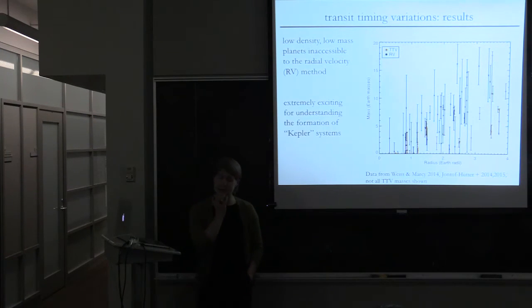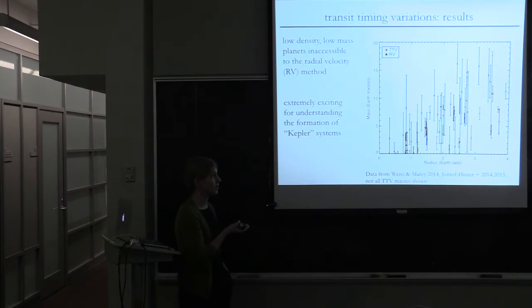Okay, so here are some results. I think this is some of the most exciting stuff that's come out of transit timing variations. Here I'm showing the measurement in Earth masses of planet masses and planet radii. The masses here have 1 sigma error bars. If they're black, they're coming from radial velocity, and if they're orange, they're coming from transit timing variations.